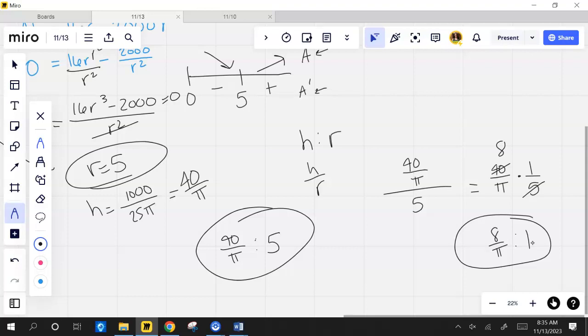I mean, technically, I guess not. What'd you get? 2.546. You did 40 divided by pi. Okay, 1,000 divided by 25, 25 pi divided by 5. 25.1327.